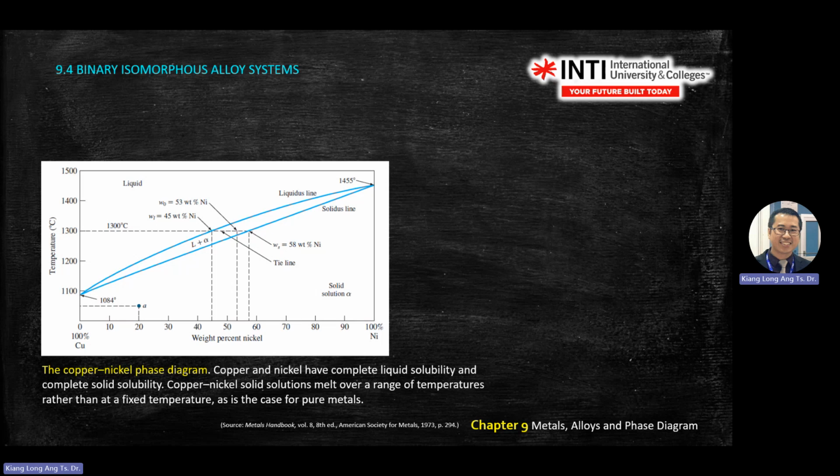How many phases do you have on this graph, on this chart? Two? Okay, what are the two?